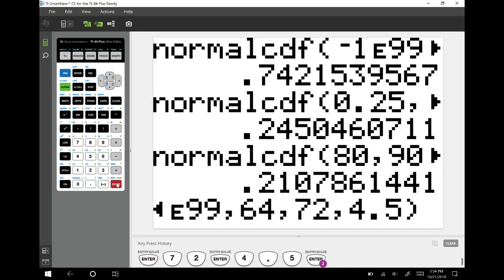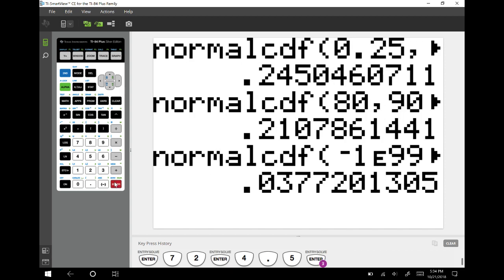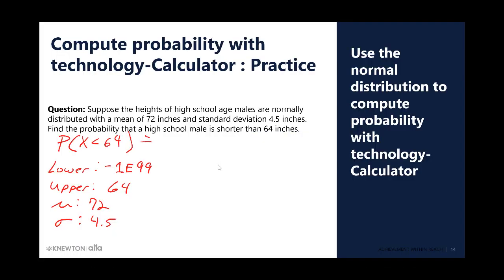We paste it to the home screen, hit enter. There we go. 0.038 is our answer if we go to 3 decimal places. 0.038. There we go. Let's get another one in here.